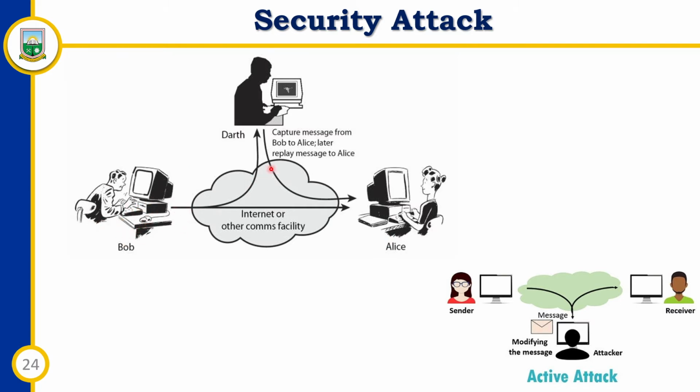Or what he can also do is still forward the information to Alice, but this time round, he will have access to Bob's information and now send a different set of information to Alice, making Alice feel that it was Bob who sent that information to her. So that is the active attack.